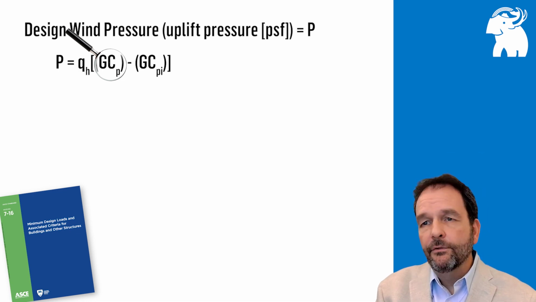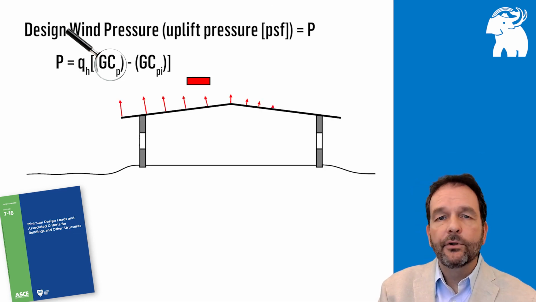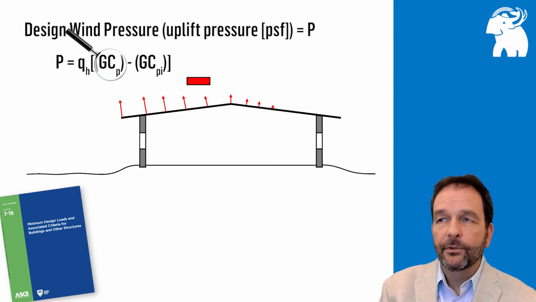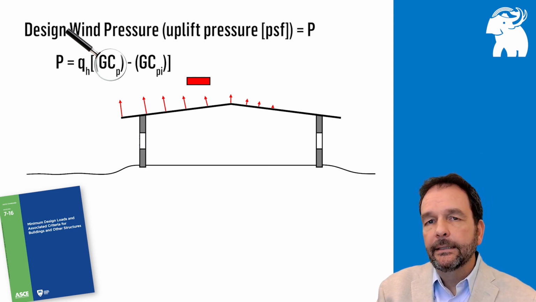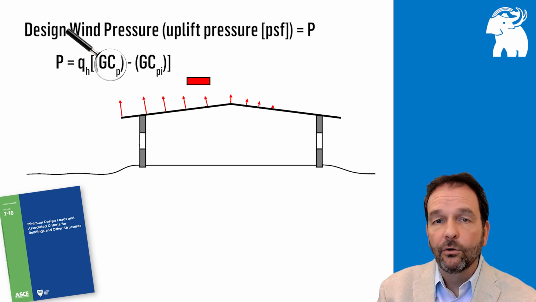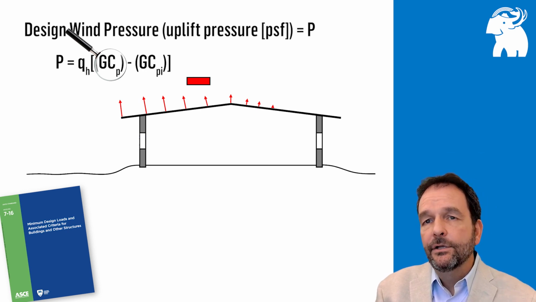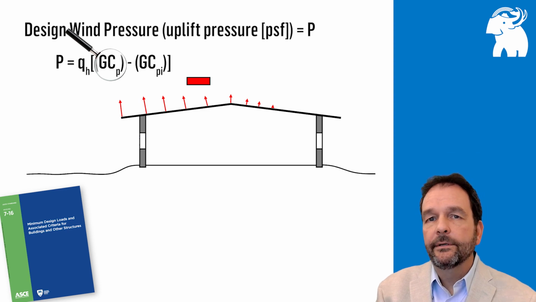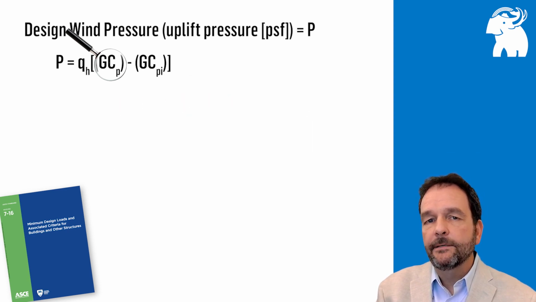And basically there, you may be familiar with this. These are your coefficients for the field of the roof, for the perimeter and the corners, that vary based on the roof geometry, or the roof shape and slope and things like that. So we're going to look for those tables in ASCE 7-16.